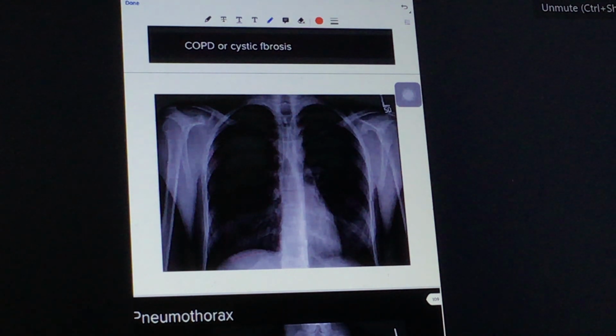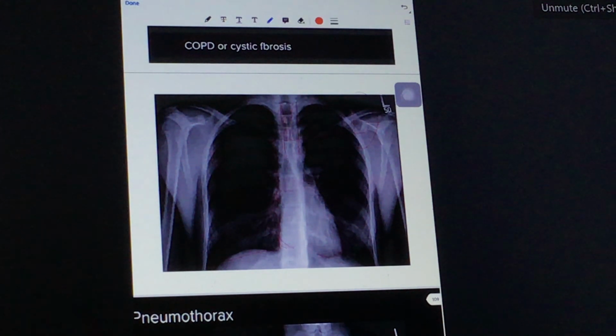Of course, it's common, right? That the structure in the middle will be pushed to the left. See here, the border of the heart is supposed to be on this side, but it's pushed to the left side. You understand?